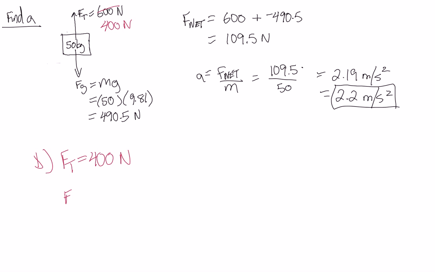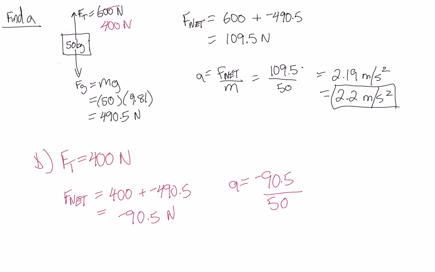Well, our net force will be, instead we're going to have 400 plus negative 490.5. So now our net force is going to be negative 90.5. So that means our acceleration will be negative 90.5 divided by 50, which will equal negative 1.8 if we round it to 2 sig digs.